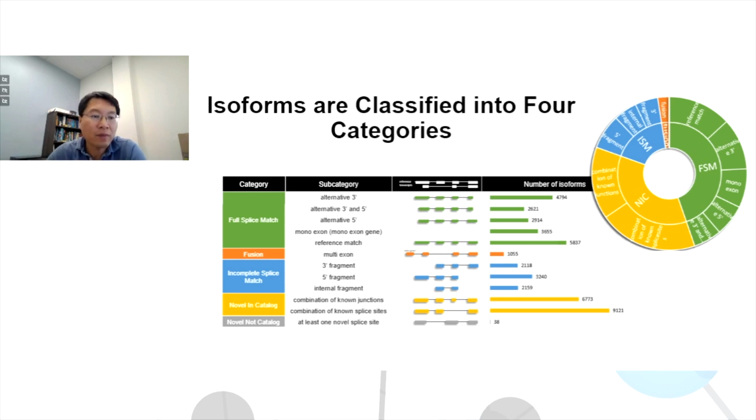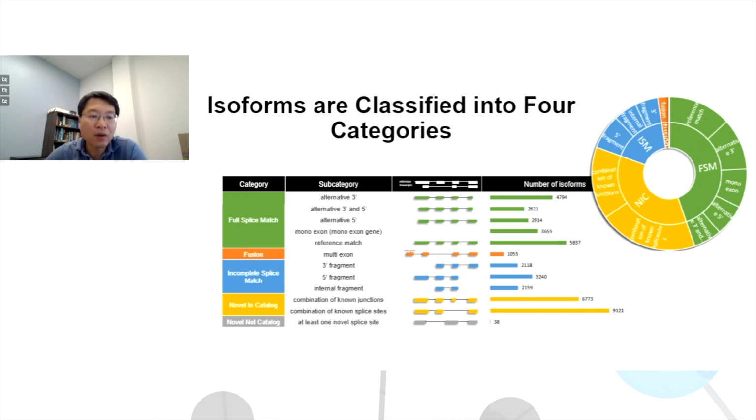And then we also have the incomplete splice match, meaning they have the exons and the junctions as annotated, but they are slightly shorter than the full length. So they are sort of partial, probably because RT didn't go all the way. Those are the two categories we consider known transcripts.